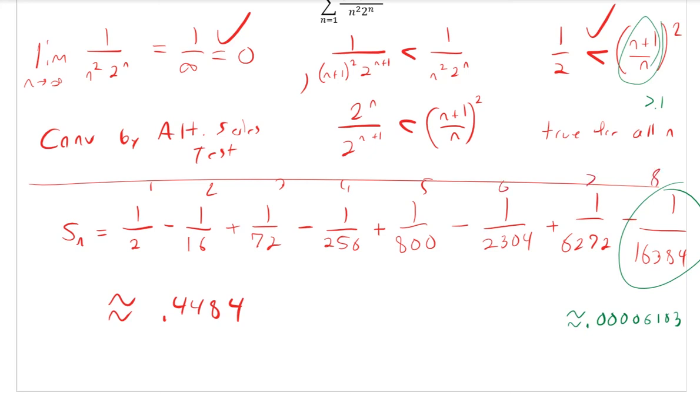If you do the ninth one, if you think about what the ninth term would be, this is 1 over 9 to the second power times 9 times 2 to the ninth power, which gives you 41,472.